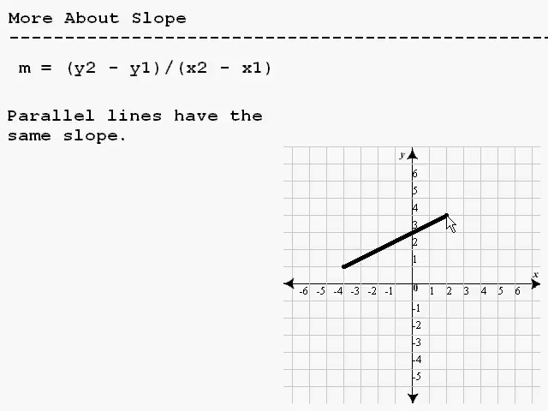And then I'm going to draw a line parallel to it. And what you'll notice is these two lines have the same slope. If I wanted to draw another line that's parallel to it, I could just draw another line that has a slope of 1/2, or another one here.